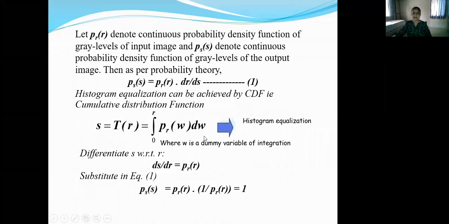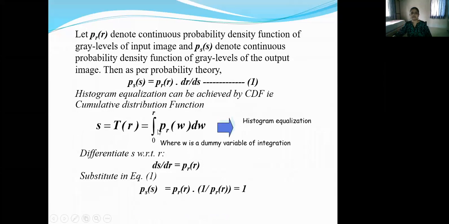So basically it is a cumulative distribution function. We apply this cumulative distribution function on the original probability density function, or the probability density function of the original image, which is p_r(r).